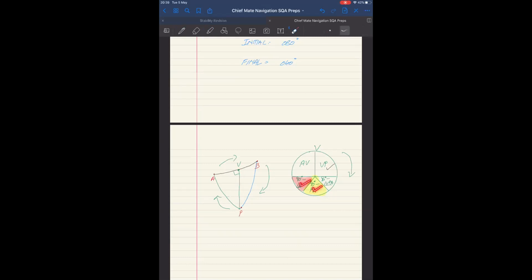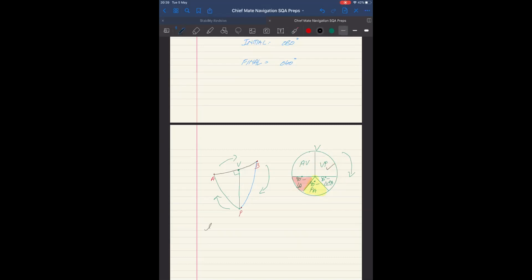We know this, and this is my mid part. So if this is the mid part, this becomes my adjacent one, this becomes my adjacent two, this becomes my opposite one, and this becomes my opposite two. So we can clearly see we know the opposite values. So we'll use the formula for opposite.